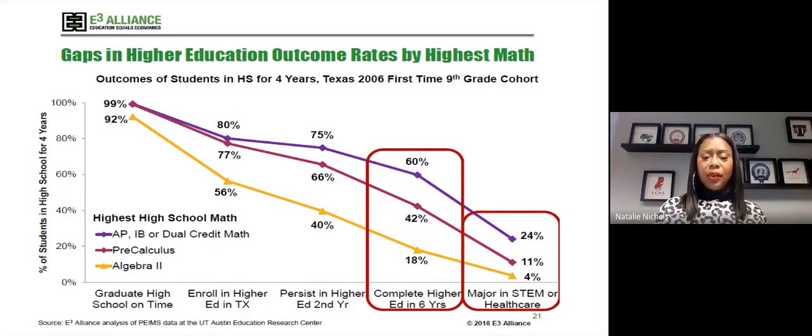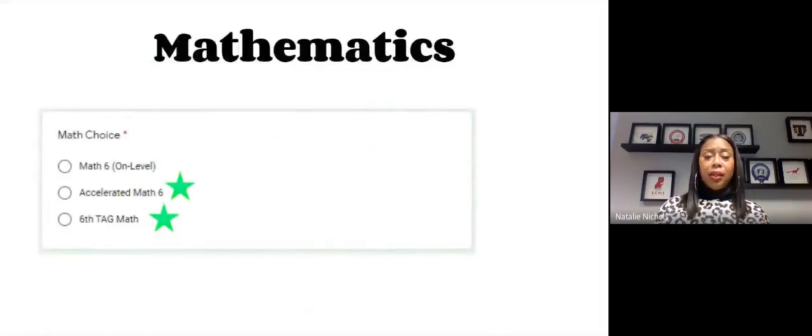So how then does your sixth grade choice impact all of this? Well, the thing is, only taking certain levels of math will give you access to Algebra 1 in middle school. And why that is important is if I'm able to attain Algebra 1 in middle school, then once I go on to high school, I will complete geometry in ninth grade.